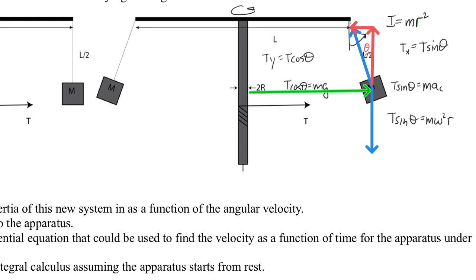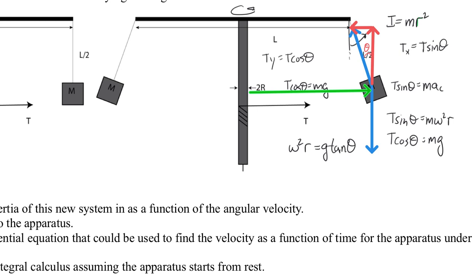Now, bringing this over and having T cosine theta equals mg, I can divide both sides and get omega squared r equals g tangent theta. All good? Yeah, you think so until we start getting down to the nitty gritty.